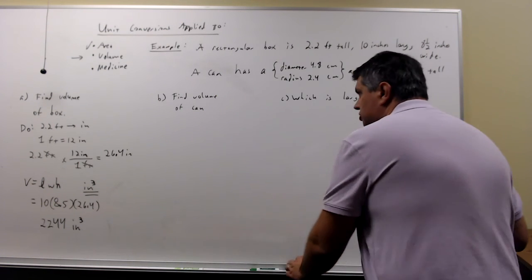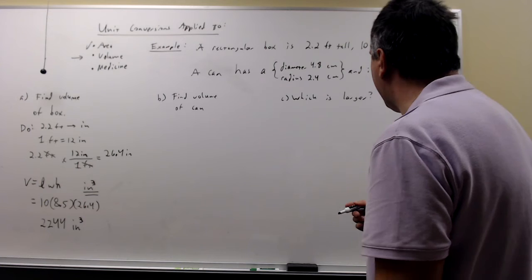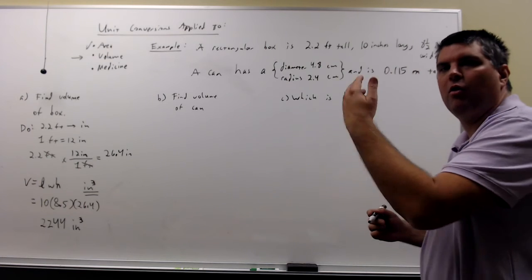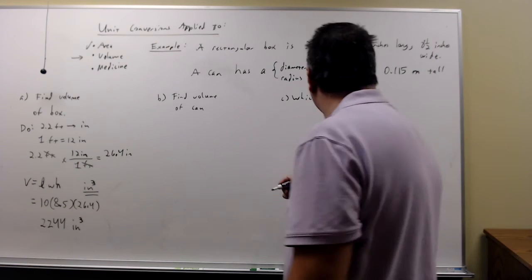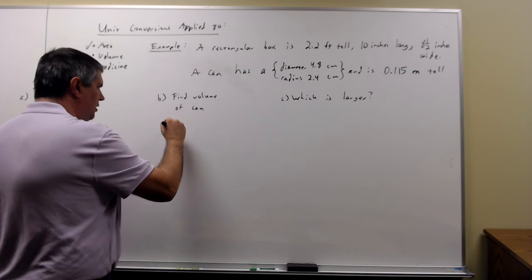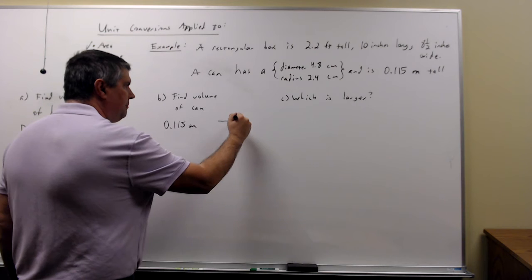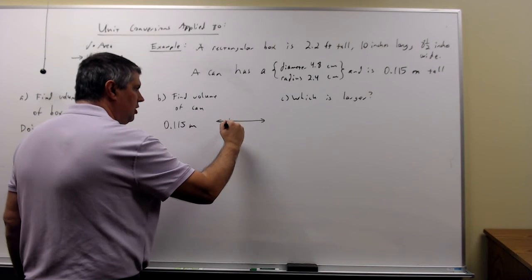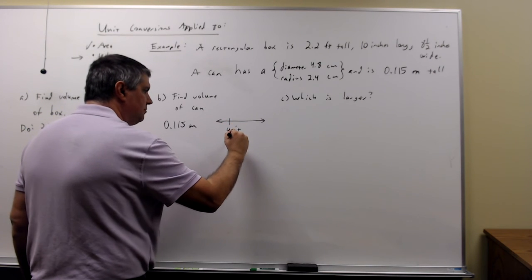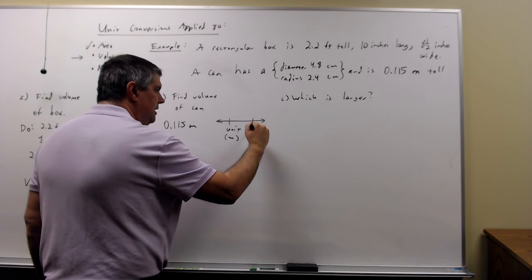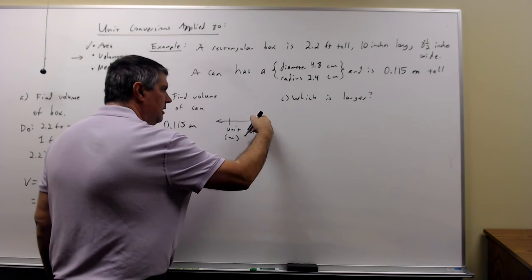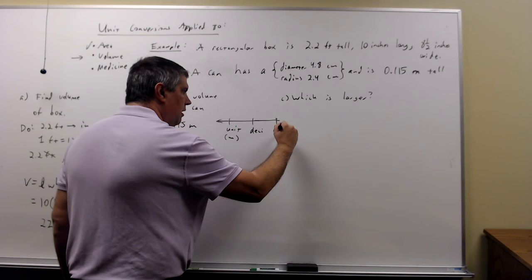Again, I recommend going from larger to smaller. So 0.115 meters. Let me consider the metric system momentarily. Unit, in this case meter, decimeter, and then centimeter.